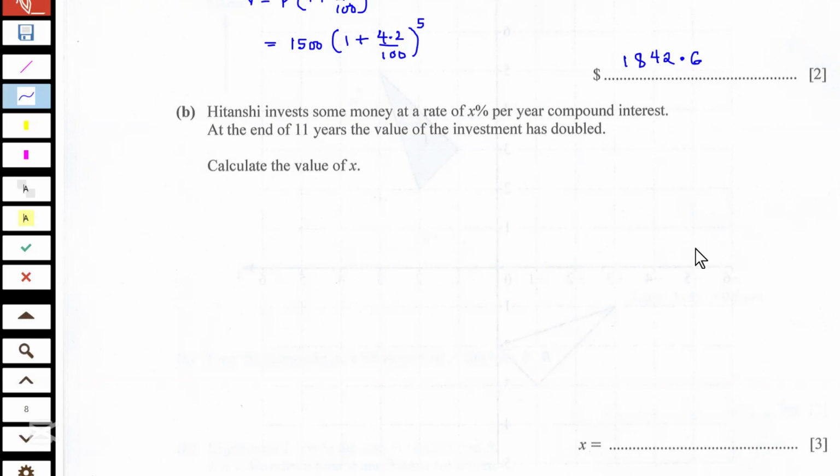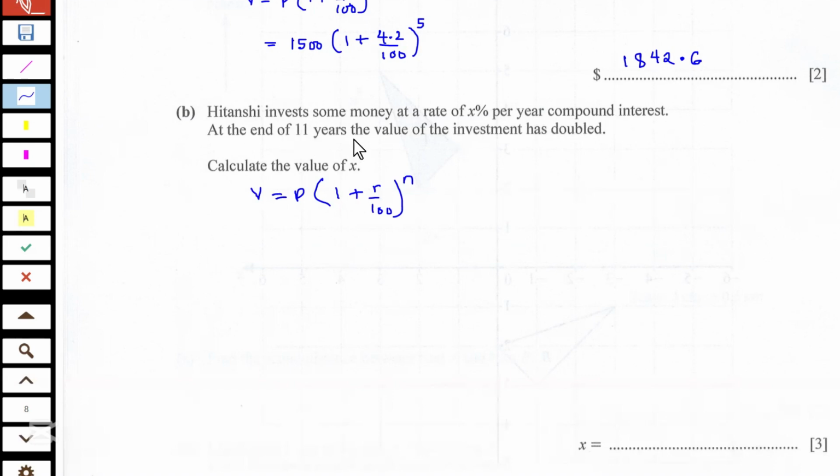Now, still applying the same formula, V equals the principal times 1 plus the rate, which is R over 100, in brackets to the power of N. Hitachi invests some money at the rate of X% per year compound interest.